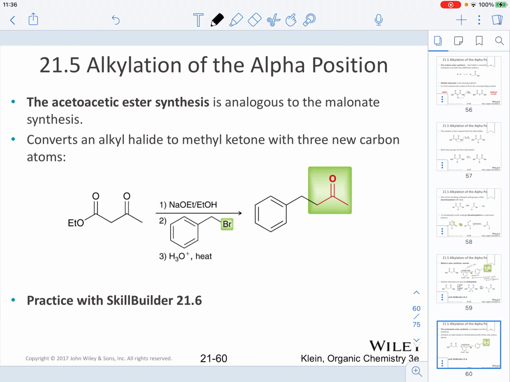Another useful reaction that has to do with the alkylation of the alpha position is the acetoacetic ester synthesis. This reaction is analogous to the malonate synthesis, in which we convert an alkyl halide to a methyl ketone with 3 new carbon atoms.